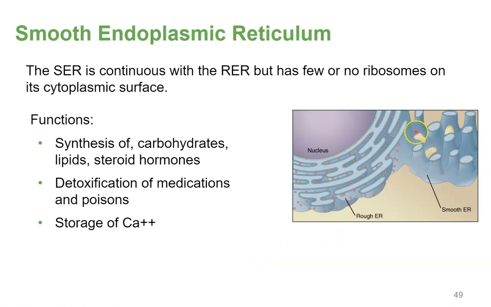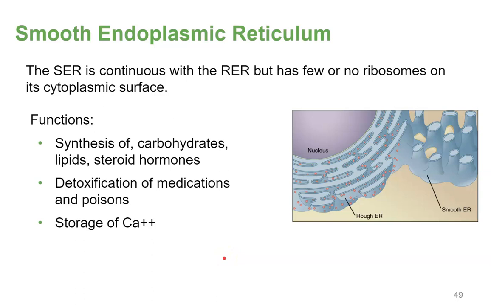So first, let me point out how smooth the endoplasmic reticulum looks. It does not have ribosomes. So instead of making protein, it synthesizes some other things like the other portion of phospholipids. It also makes steroids, which is, remember, a lipid. It can synthesize carbohydrates as well. The smooth ER can help detoxify some medications and poisons.